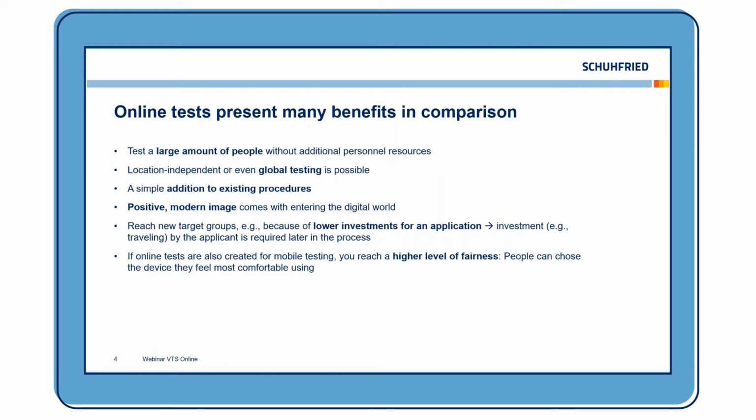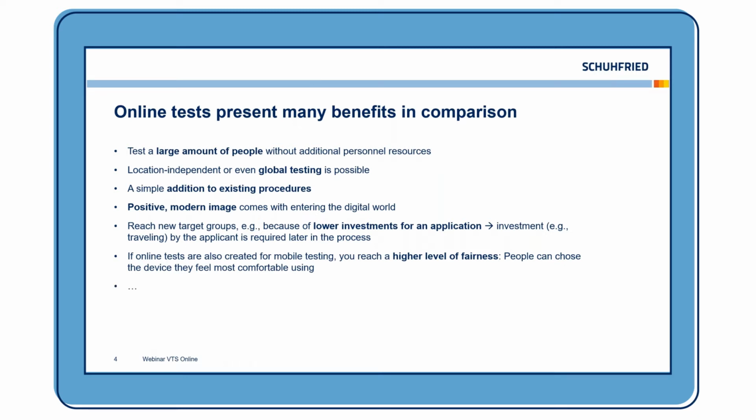This might be much fairer to have the option for them to use their mobile device as well. Also, it can reduce a little bit of distancing from tests because they are not used to the format. This can make tests a lot more approachable for everyone.